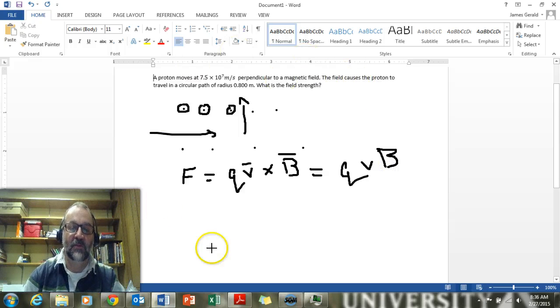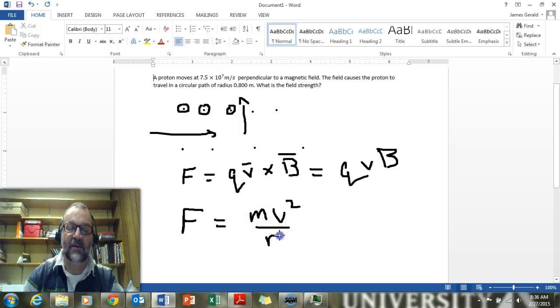Well, we know this is moving in a uniform circular motion, so we know that the force is also the centripetal force. The centripetal force is mass of the proton times velocity squared divided by the radius of curvature. All right? So we have our two basic pieces. I'm going to type these up for you real quick.